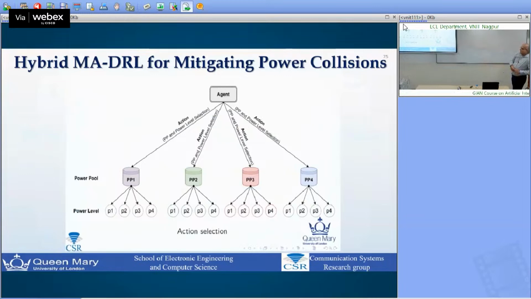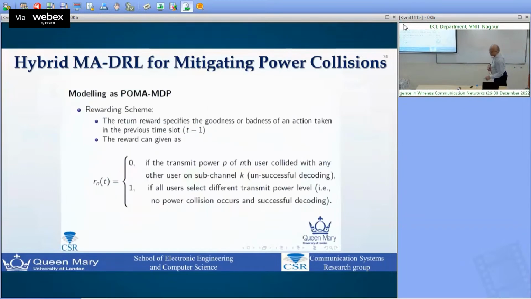It is going to select one of the power pools. Having selected that power pool, it is going to select one of the power levels.